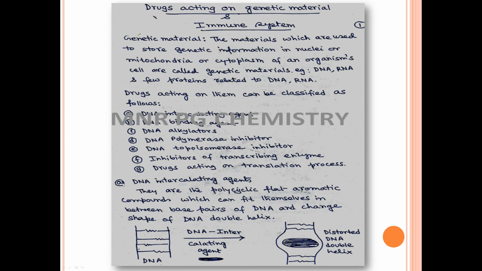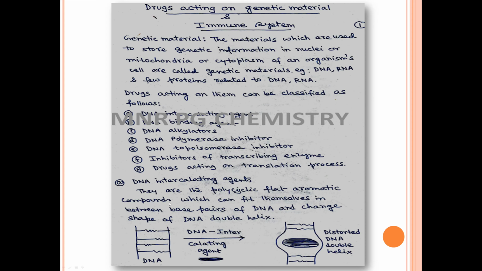Now let us first consider the DNA intercalating agents. Now, what are DNA intercalating agents? They are polycyclic flat aromatic compounds. That means there are 2 to 3 rings, and if not all the rings, definitely a few rings are aromatic.